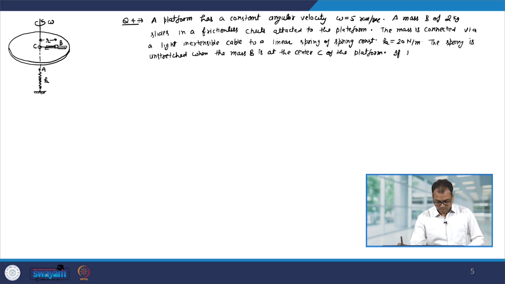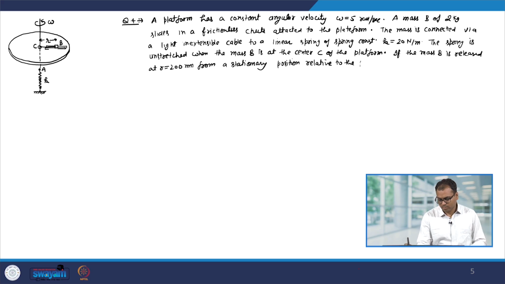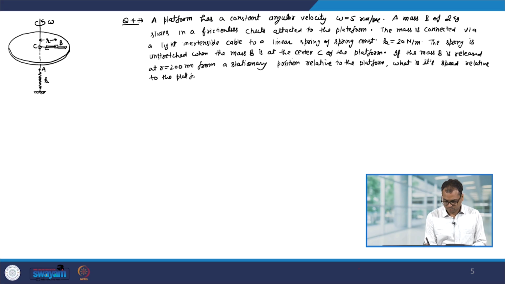Now, it is given that if the mass B is released at r equal to 200 mm from a stationary position relative to the platform, what is its speed relative to the platform when it has moved to r equal to 400 mm.